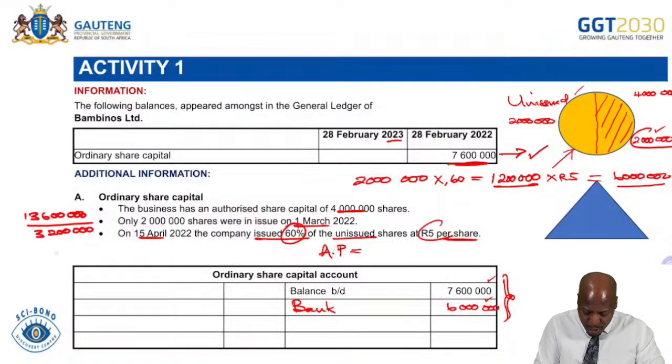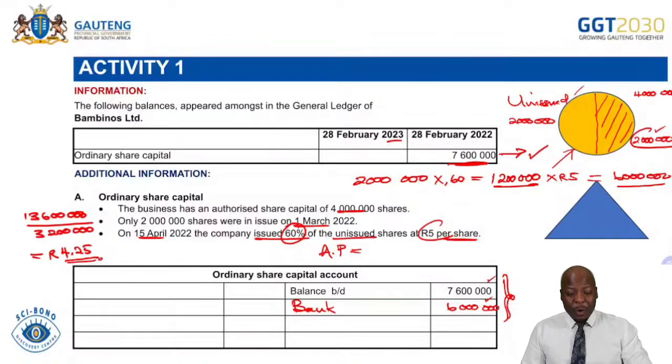How much does the calculator give you? Someone say 425. All right. On the next slide, I'm going to explain where we record that 425. Keep it in your mind. Our average price is 425. That is our average price.